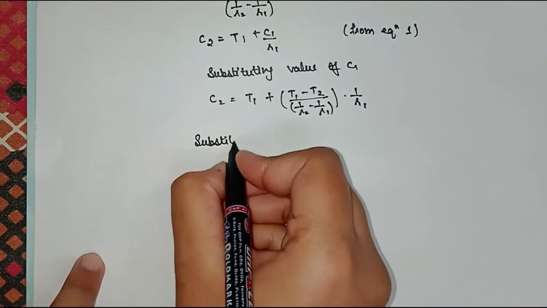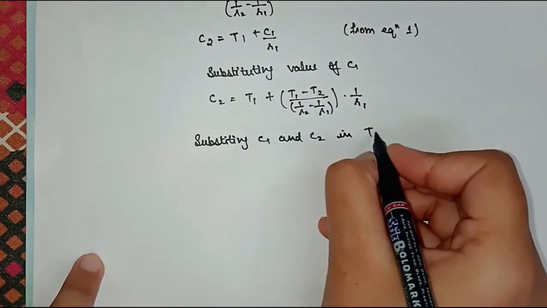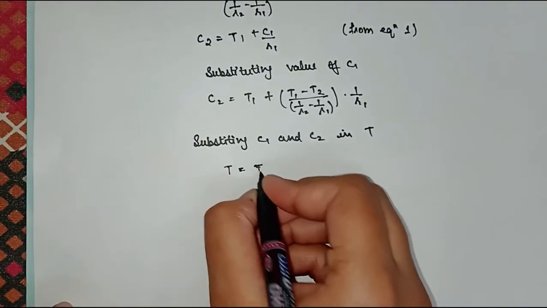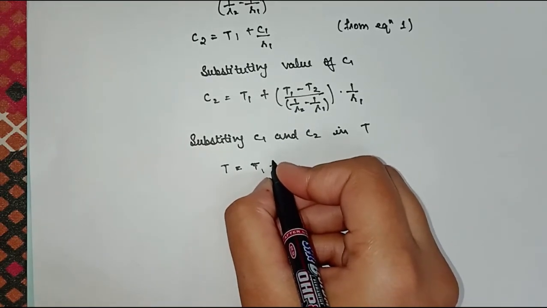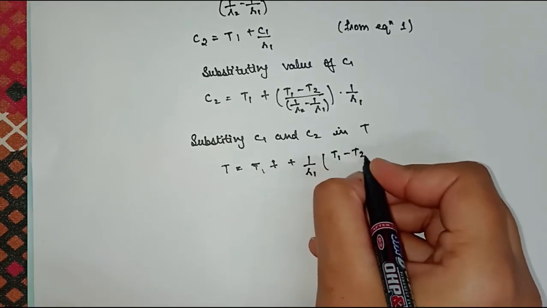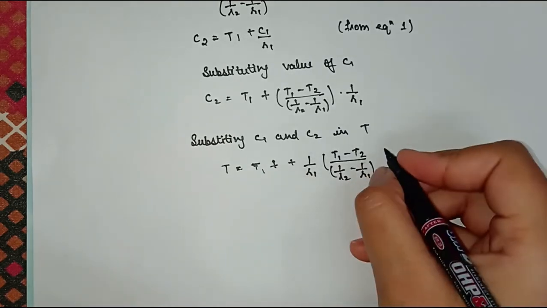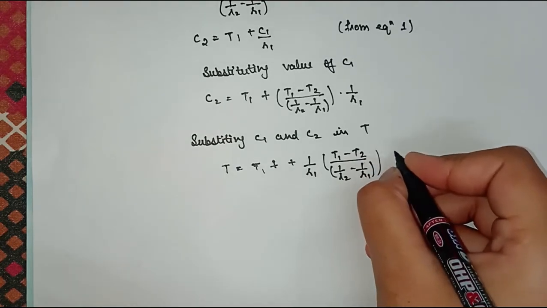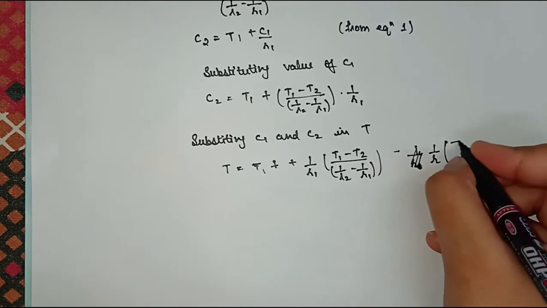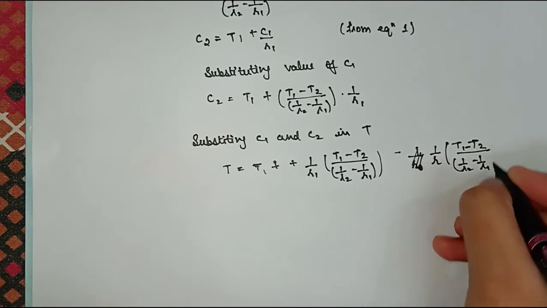Now substituting the value of C1 and C2 in T, we will get T equals to T1 plus 1 upon R1 into T1 minus T2 divided by 1 upon R2 minus 1 upon R1 minus 1 upon R into T1 minus T2 divided by 1 upon R2 minus 1 upon R1.